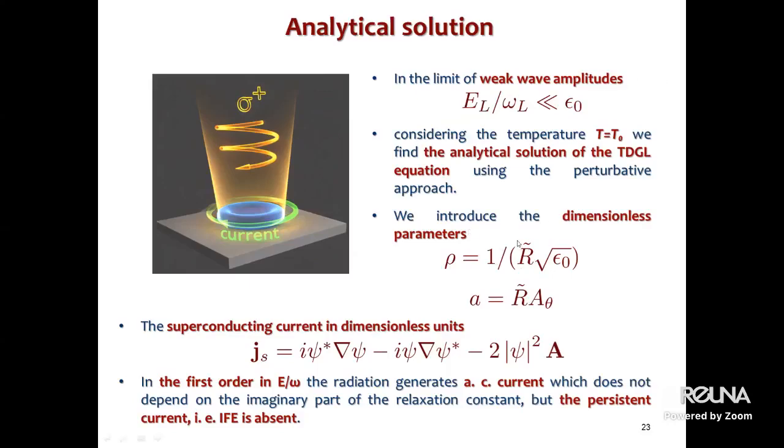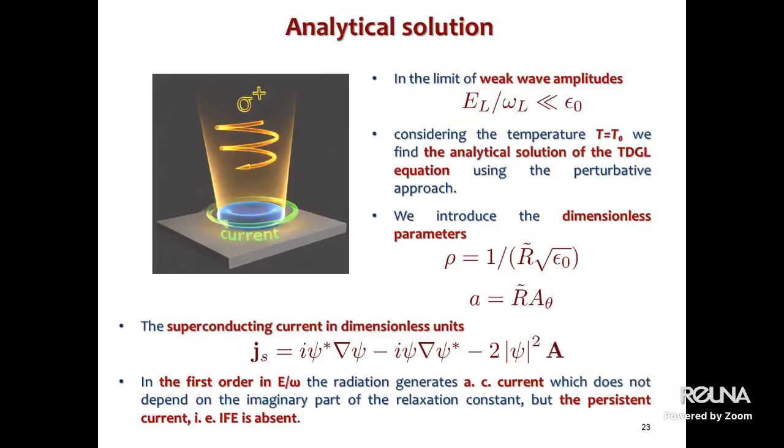For that, we introduce dimensionless parameters. So basically, it's R, the sample size, reduced temperature, the vector potential, and here should be a small a, and then the standard expression for the dimensionless current, and now the solution. In the first order approximation with respect to the amplitude E, the radiation generates only AC, alternating current, which does not depend on the imaginary part of the relaxation constant.